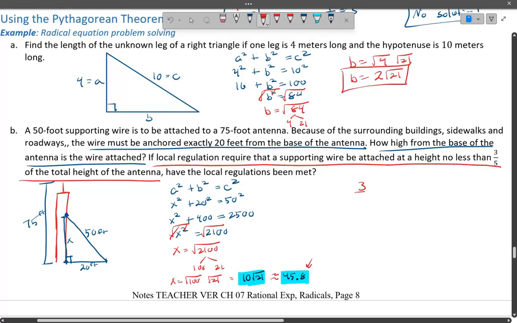Well, to find 3/5 of the total height, we multiply 3/5 by 75 feet. And when we multiply those together, we get 45 feet. So, since this is at 45.8 feet, and 45.8 feet is no less than 45, we know that yes, the local regulations have been met.